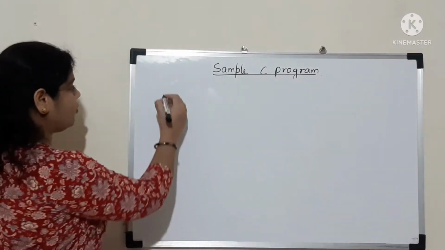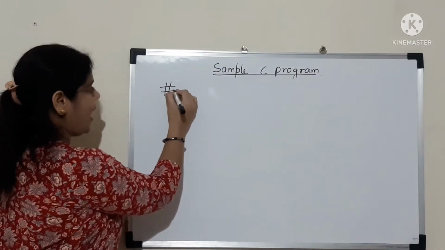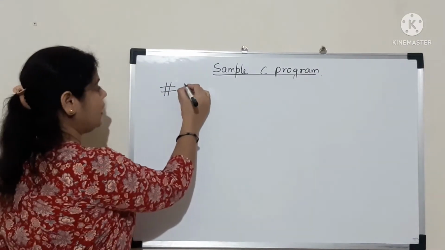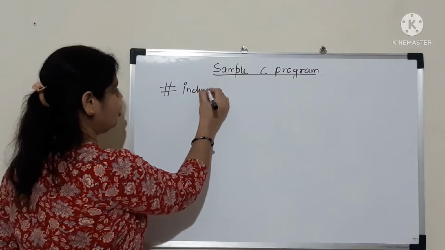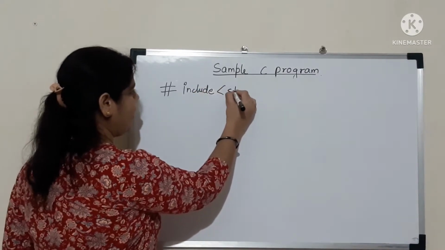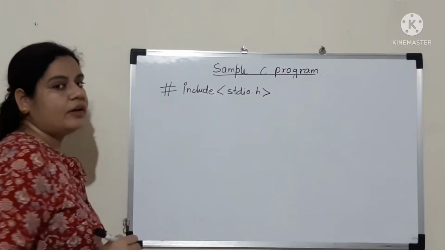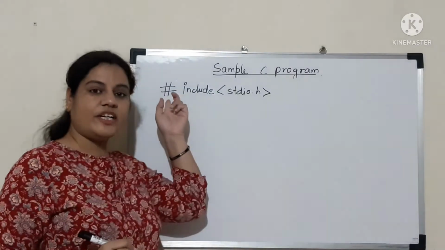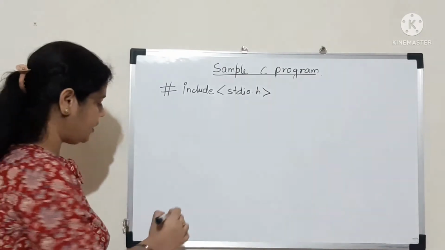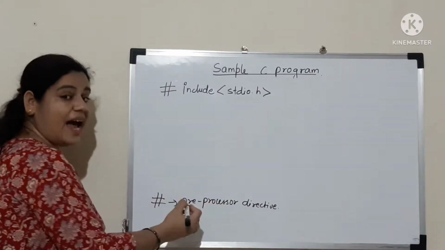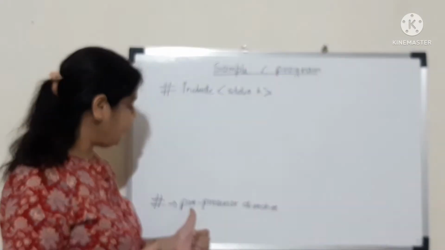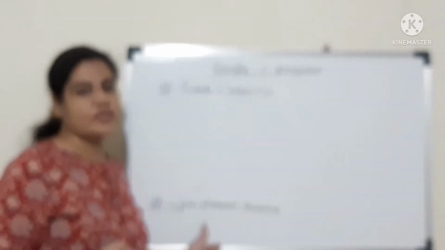You need to write what? Hash include stdio.h. What is this? First is what? Hash. Hash is the preprocessor. As its name indicates, preprocessor, before processing.